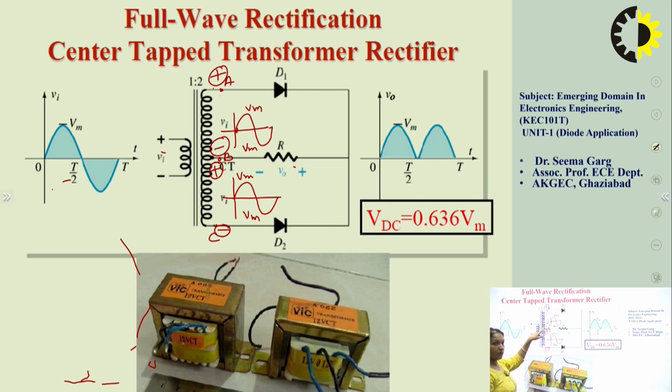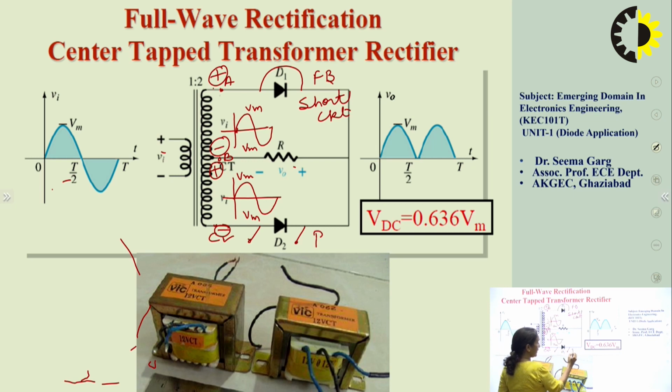So terminal B will be at 0 potential, and due to the positive potential at terminal A, diode D1 will be forward bias. That means short circuit. And this negative will make diode D2 reverse bias. That means open circuit.